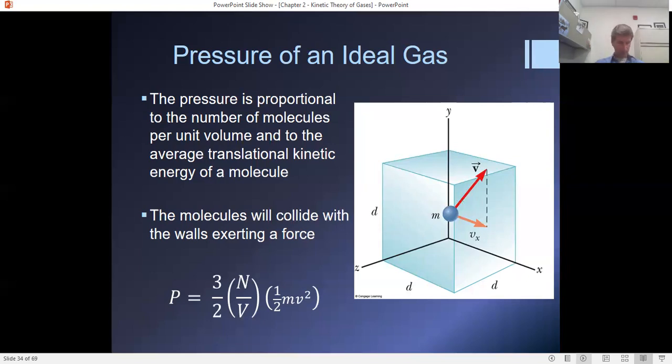We have this molecule moving with a velocity v, that's a vector, and we're going to consider only the x component because it is the x component of the velocity which is going to transfer momentum to one of the walls, which is in the normal direction of x. So again, we will then extend this to all three dimensions and to many particles.